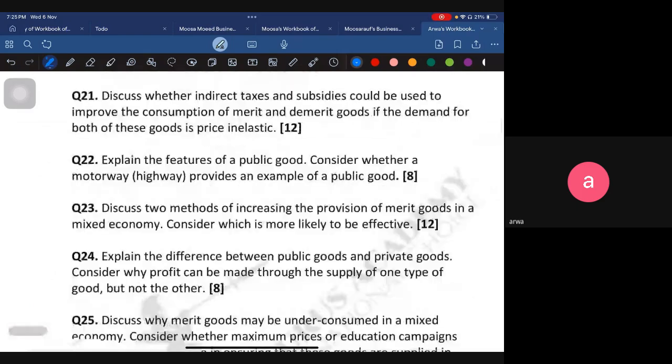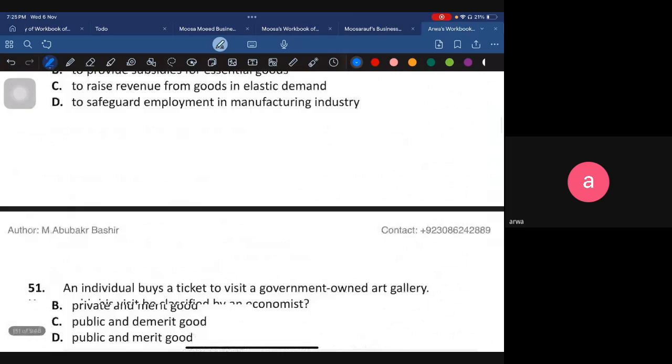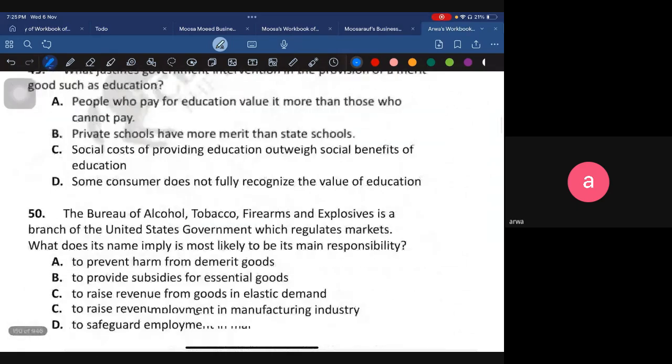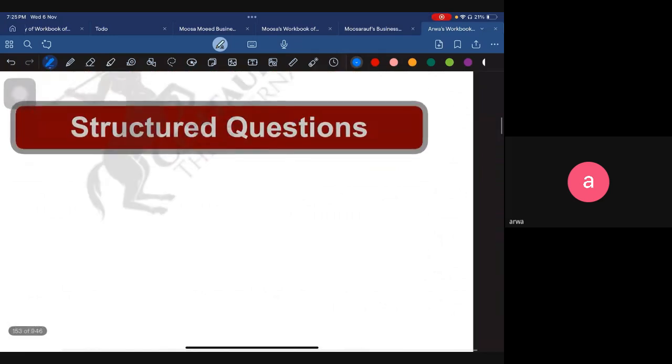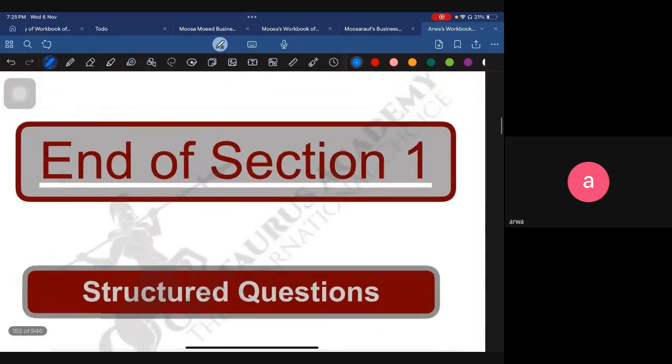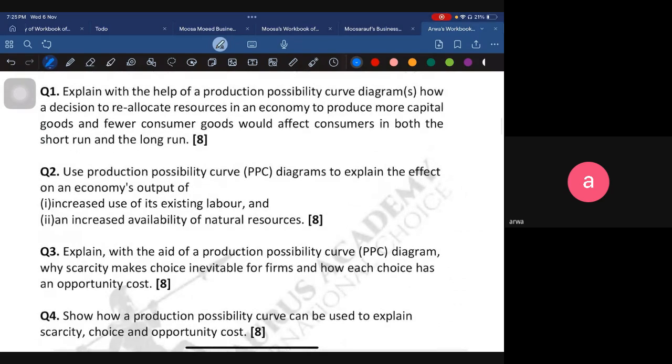I was saying that you have to do the MCQs the same way you were doing for the rest of them. And then a surprise, structured questions. These are the big ones. There are about 65, but you do not need to do all of them. You can do the recent ones starting from question one.